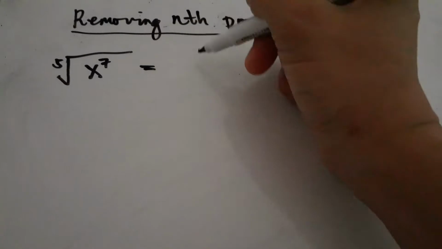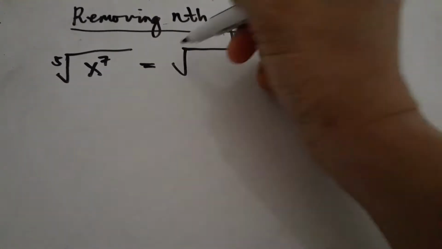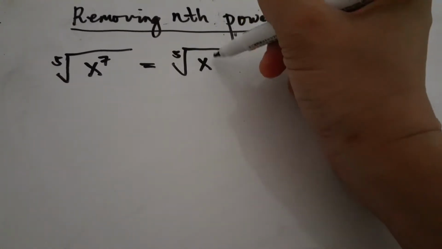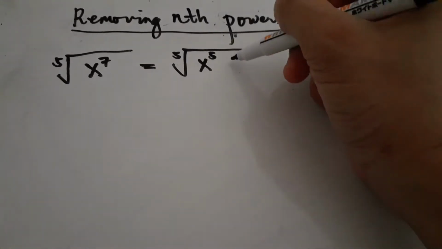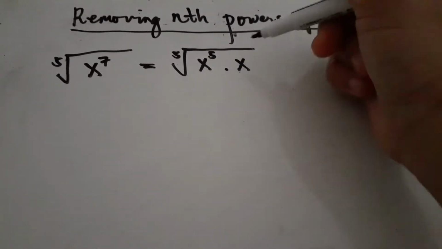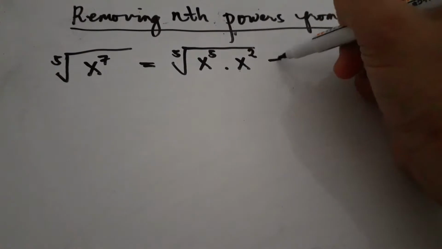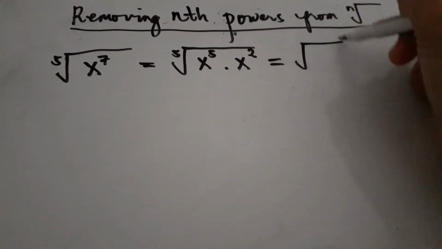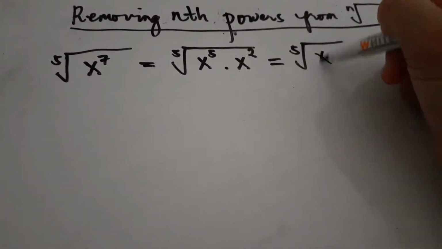Now, removing the n powers from the radical, which is the fifth root of x raised to the power of 7, simply we can factor. The radical expressions can be simplified whenever the factors of the expression under the radical sign can be grouped into a perfect root, which can be rolled out from the radical sign.